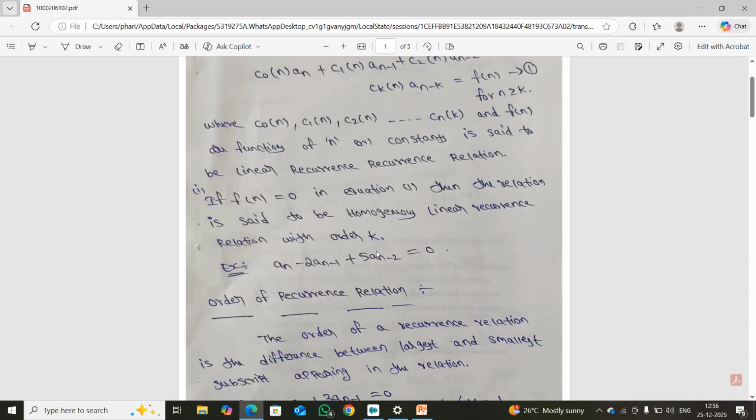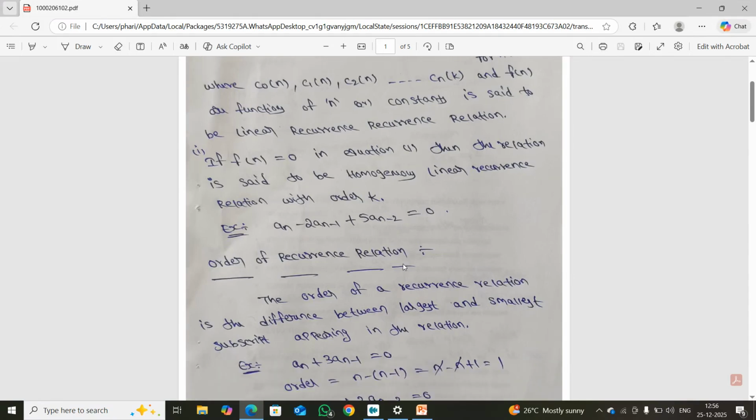For example, a n minus 2a n minus 1 plus 5a n minus 2 equal to 0. Here f of n equal to 0, so this is a homogeneous linear recurrence relation. F of n not equal to 0 means non-homogeneous recurrence relation.